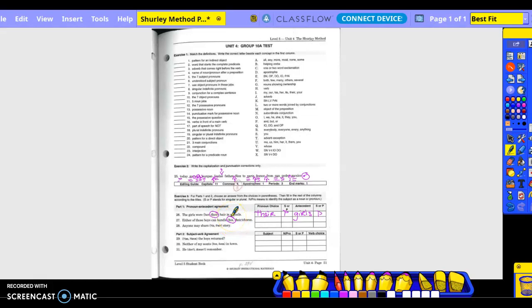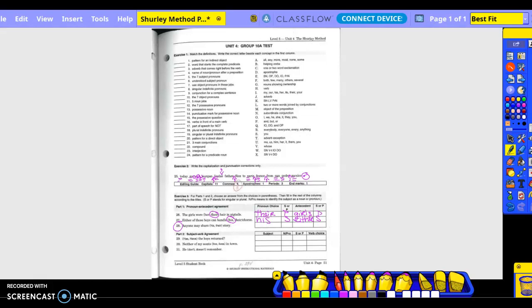Either, right? Meaning that it's one or the other, right? Okay, so we picked his and singular because it's referring to either, right? Which is singular. Okay, you're gonna do 28 for homework.